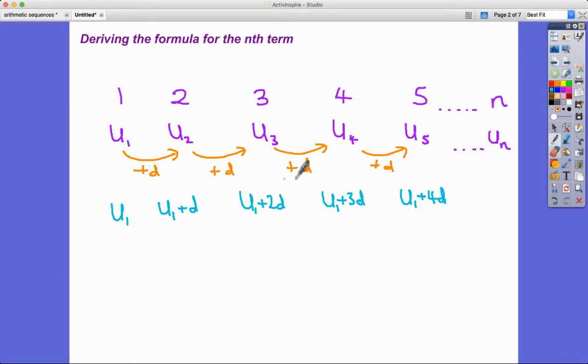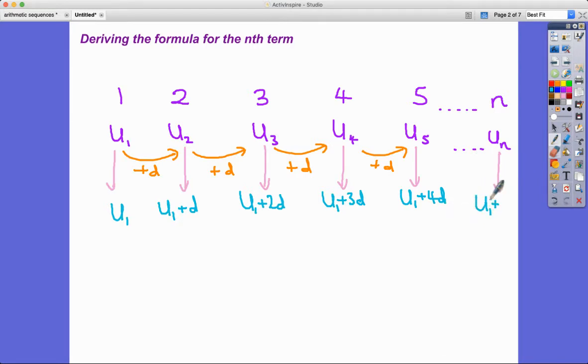Now, what we need to think about is the pattern that's occurring here. We've got the first term, the second term, the third term, the fourth term, and the fifth term. Can we come up with some sort of general formula for the nth term, for any term of the sequence? Well, each one of these terms starts with U1.